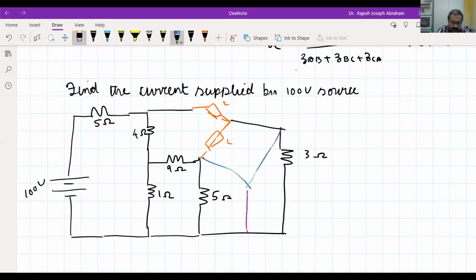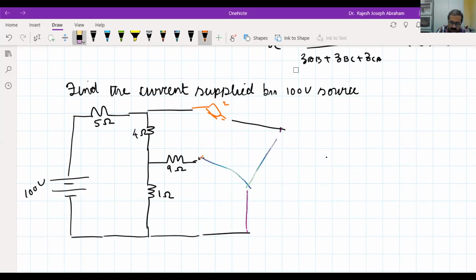In the next step, this will go, this will also go, then this also will go.